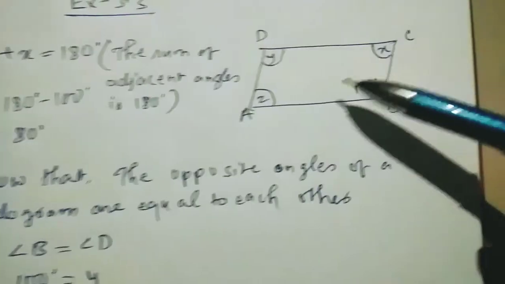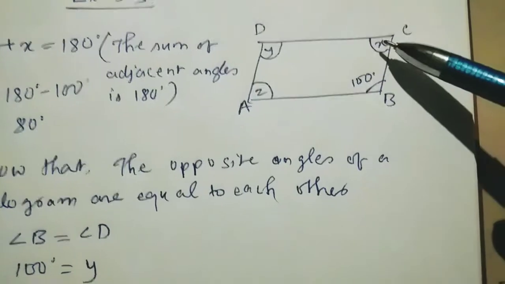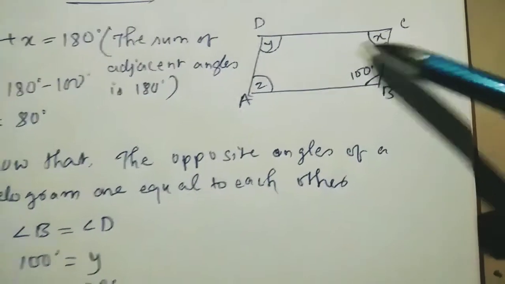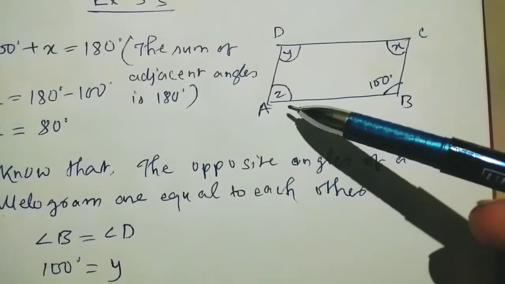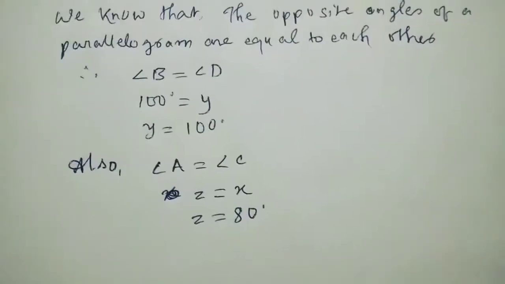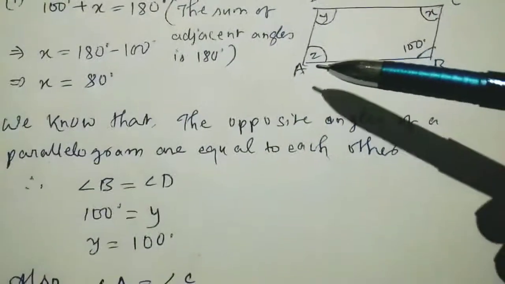Very easy. Now we can find the Z angle also very easily. Why? Because x and z are opposite to each other. That means the value of x is what? 80 degree we got. So value of z is also 80 degree because they are also opposite to each other. So students, here again you have to write angle A equal to angle C. So angle A is what?